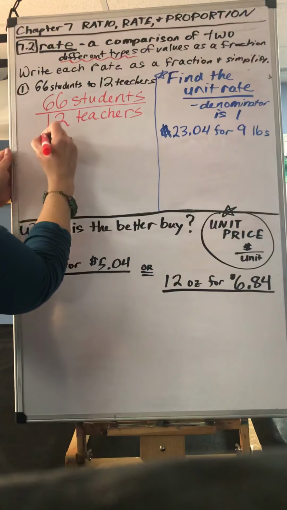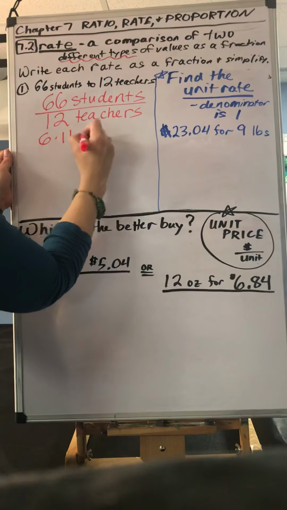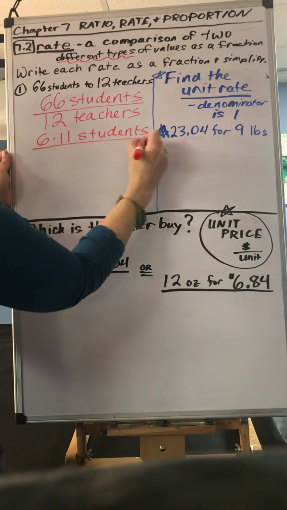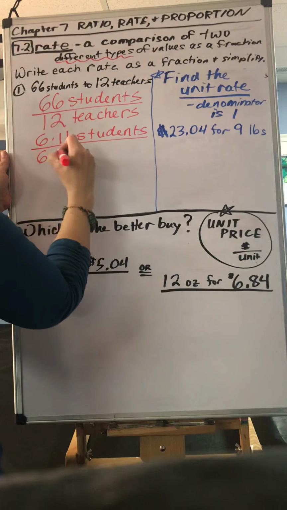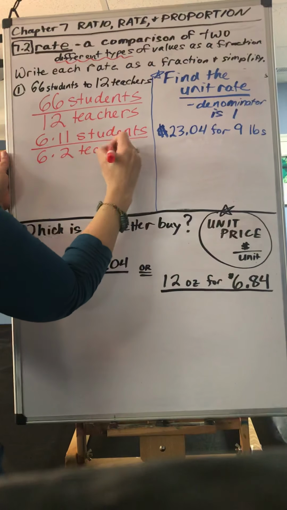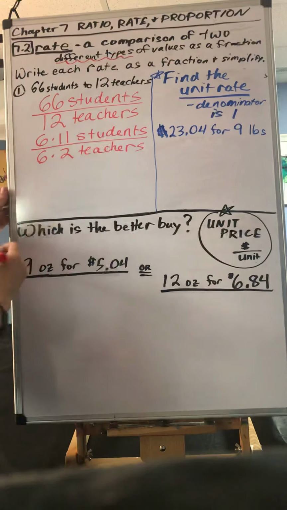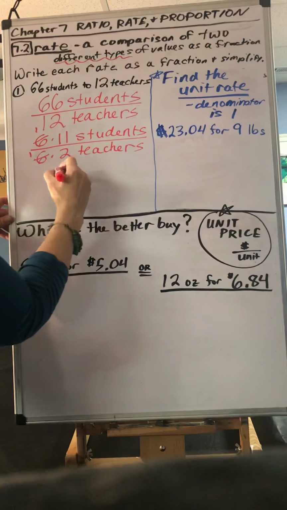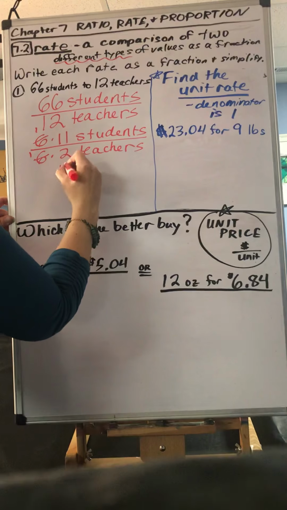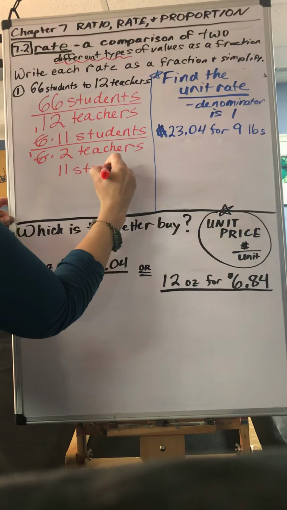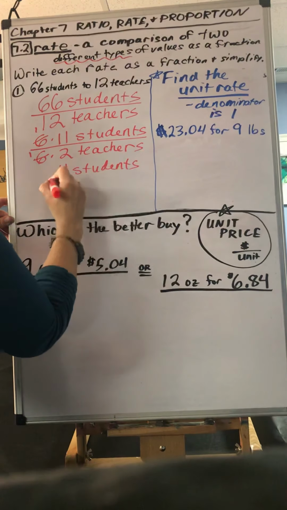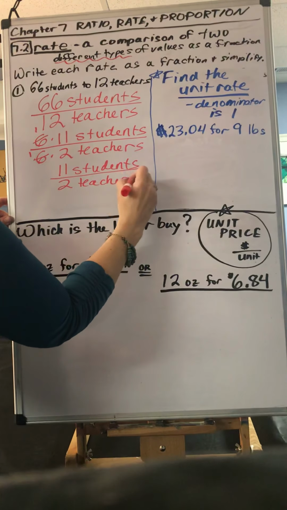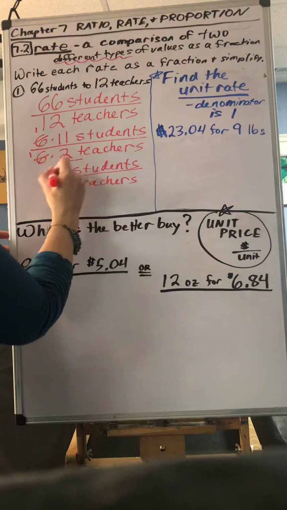So I'm going to have 6 times 11 students and 6 times 2 teachers. We can cancel a factor of 6 divided by 6 is 1, and you get the rate is 11 students for every 2 teachers. And that is the answer.